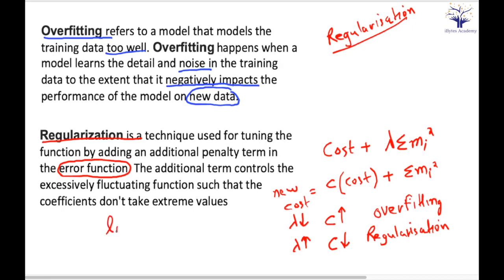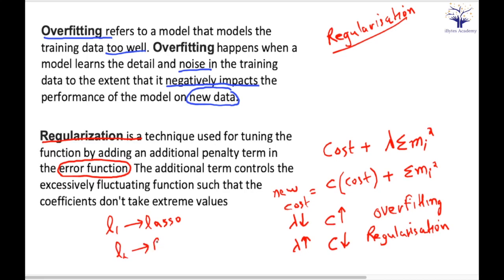So there are two types of regularization. One is L1 regularization, that is lasso, and the other is L2, that is ridge. So the regularization that I have shown you over here is ridge regularization, or I can say L2 regularization, because it is the square of coefficients.